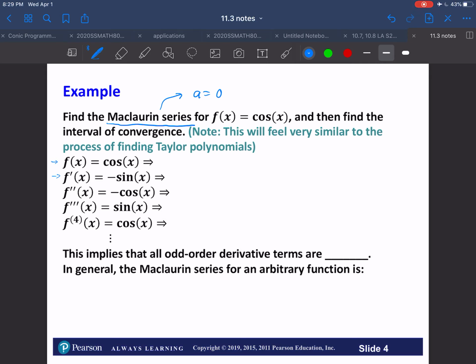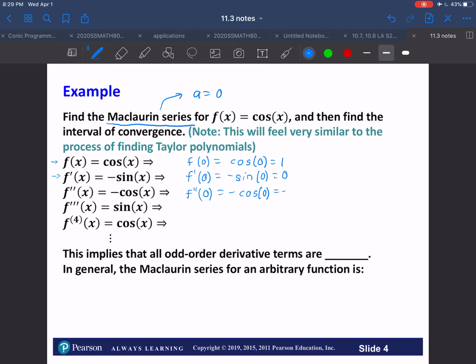So we're going to compute f of 0, and that's just cosine of 0, which is 1. We're going to compute f prime of 0, that is just negative sine of 0, which is 0. We're going to compute f double prime of 0. That is negative cosine of 0.